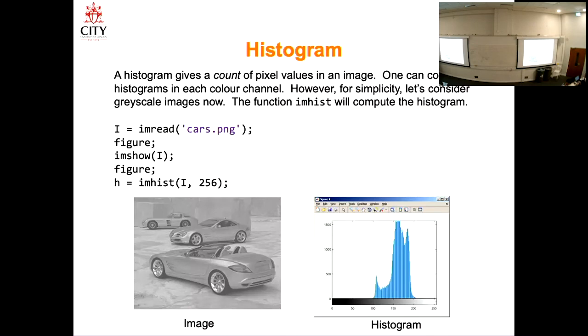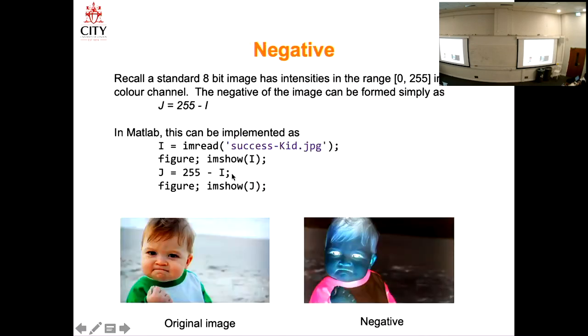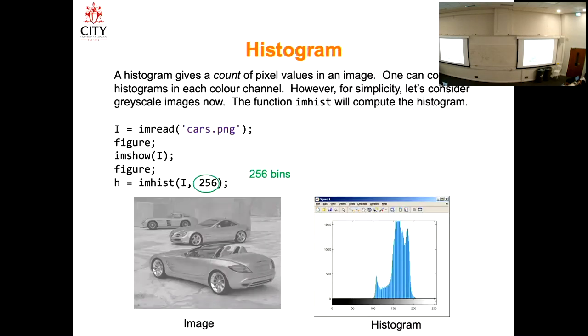So the next thing is the histogram of the image. So histogram gives you the count of intensities in the image. So what we have here is an image of some used to be fancy cars, and then you have the histogram of it. As you can see in this histogram, this is showing me the number of pixels that have a specific value.